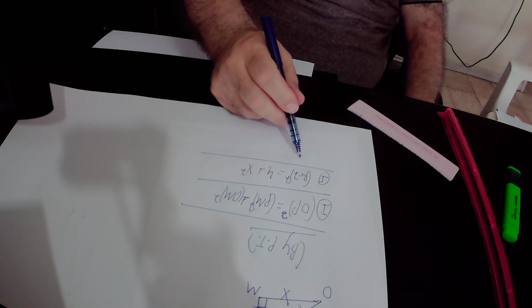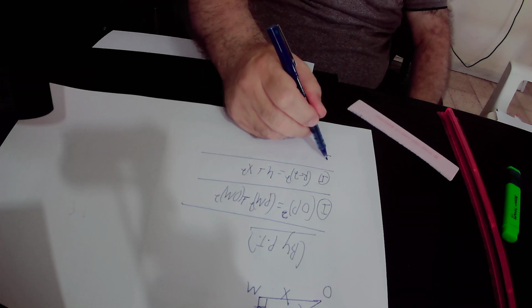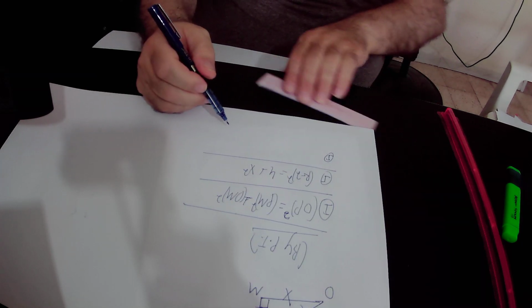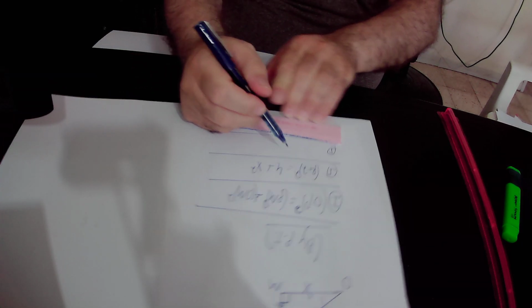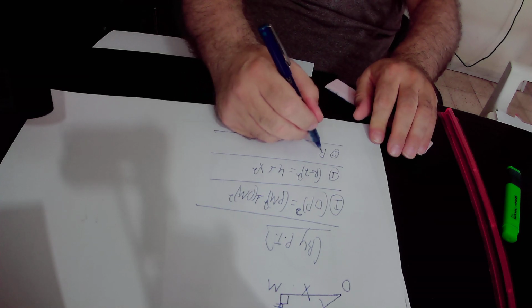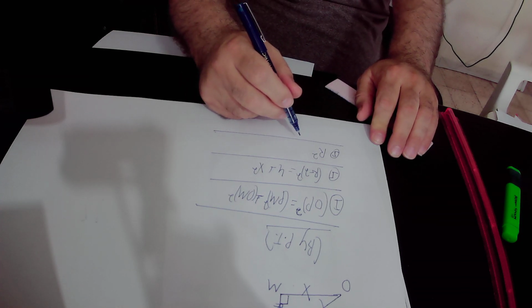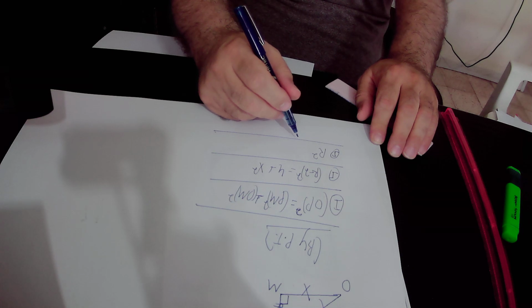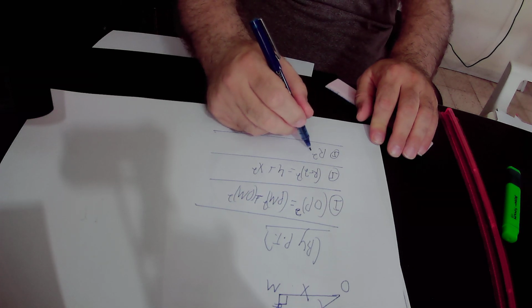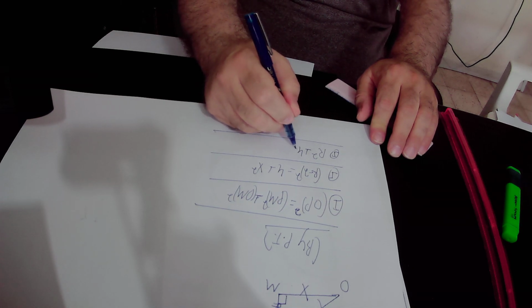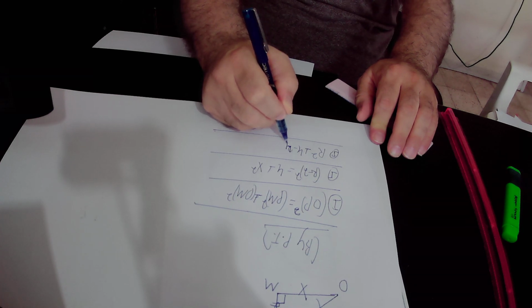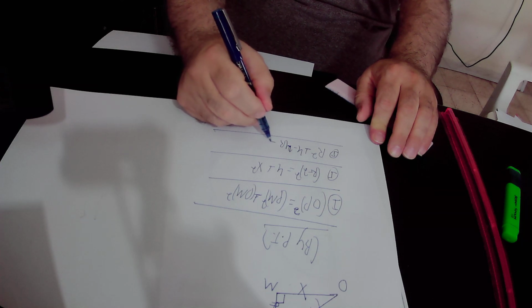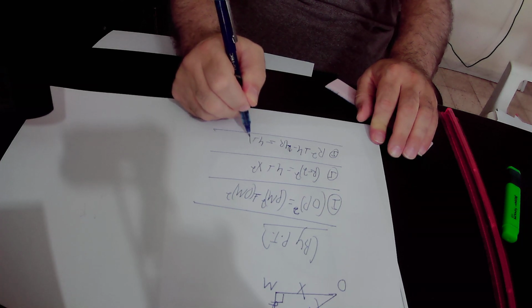Here we'll open the brackets on this side of equation number 1 and we get that R minus 2 squared equals R squared plus 2 squared, that is 4, minus 2 times R times 2, which is minus 4R. That equals 4 plus X squared.